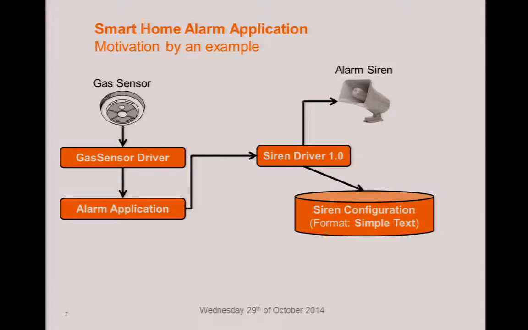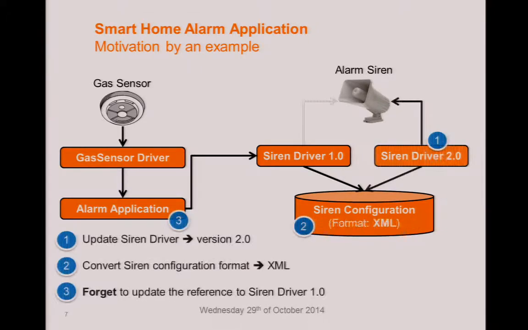We will illustrate here a scenario that will make the consequences of stale references a bit more visible. So first, we will update the siren driver to version 2. And this update will migrate the siren configuration to a richer configuration file in XML format.